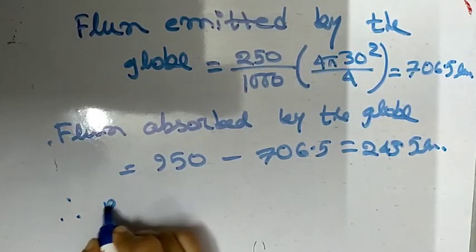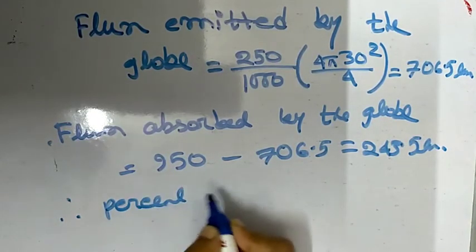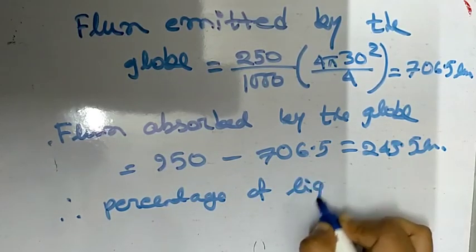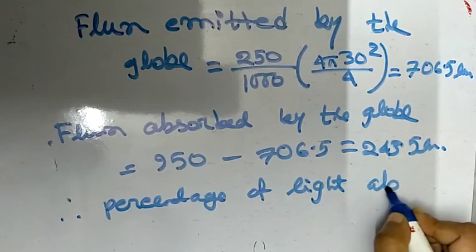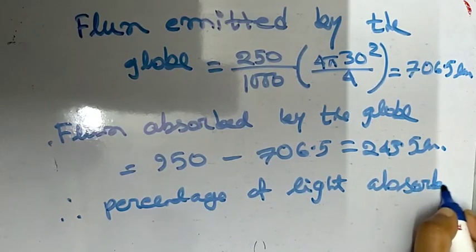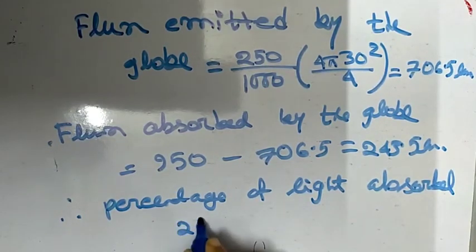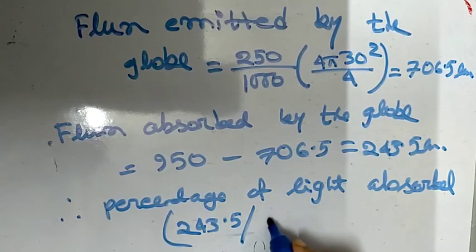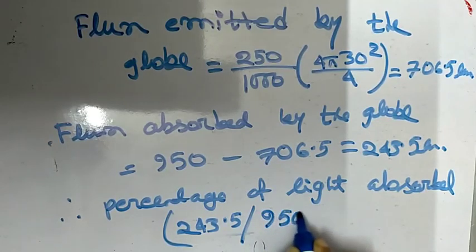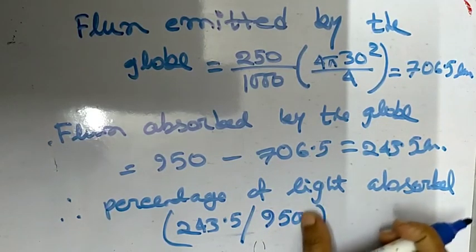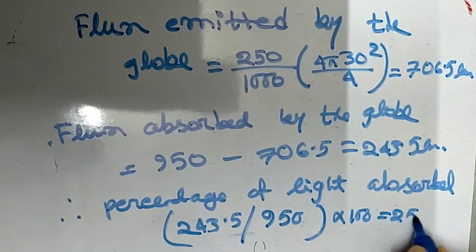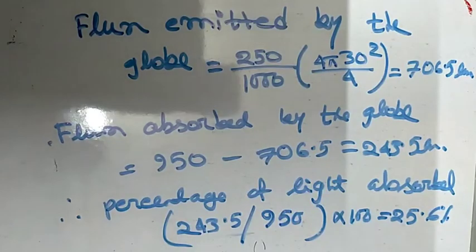So percentage of light absorbed is equal to 243.5 by 950 into 100, that is 25.6%. Okay.